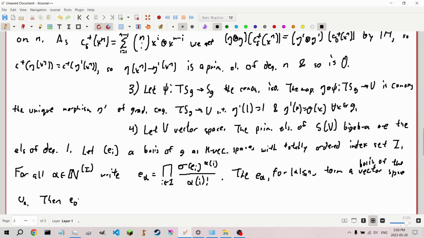Then our e sub 0 is 1, and e sub epsilon I is sigma e sub I for every I in our indexing set.